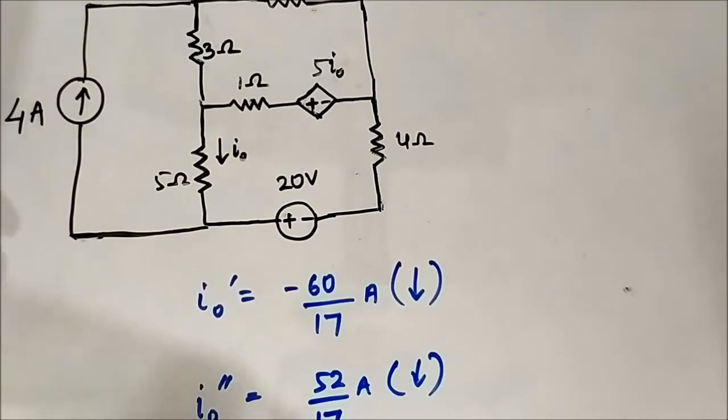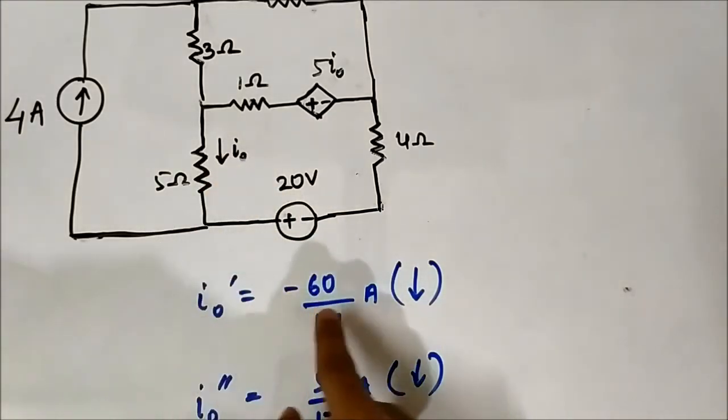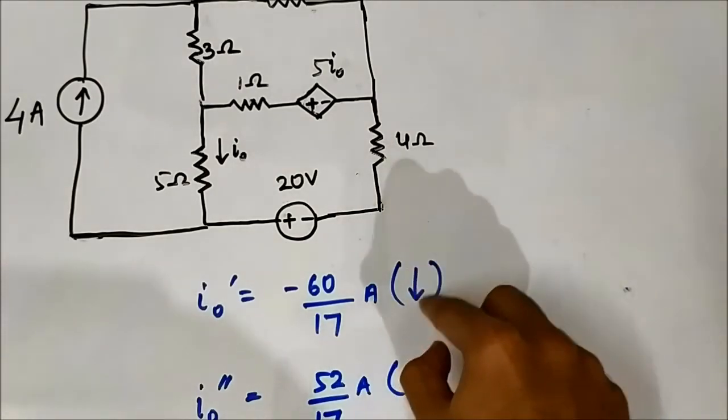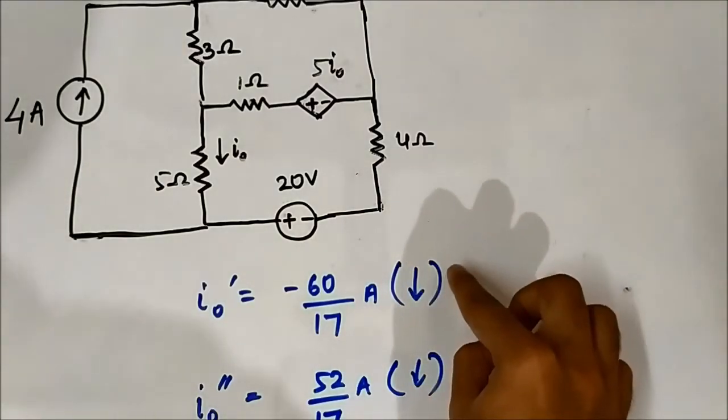In the first case, in which we considered the 20 volt voltage source and deactivated the 4 ampere current source, we determined the value of this current as minus 60 by 17 ampere, and the direction was downwards. I0', it was downwards. It's very important, this direction.